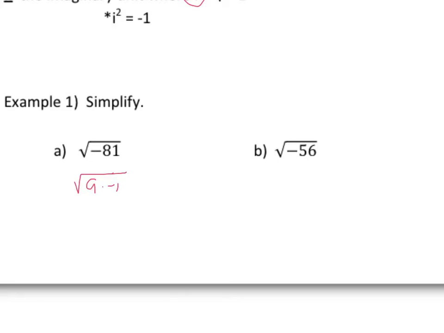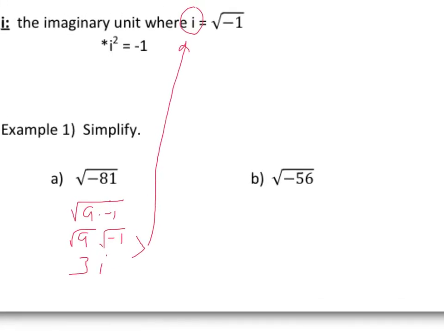When we simplify roots, we can write them inside their own little roots. I can root 9, and I get 3. And root negative 1 becomes an i, because of the statement above: i is equal to root of negative 1. That makes this the acceptable simplified answer, 3i.